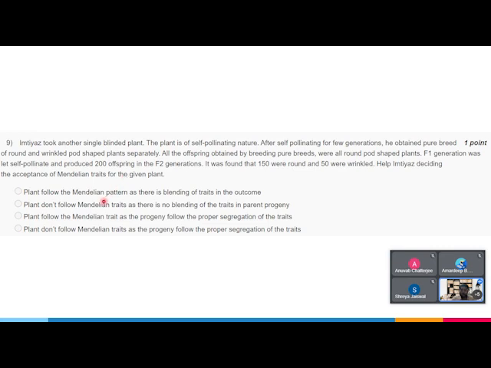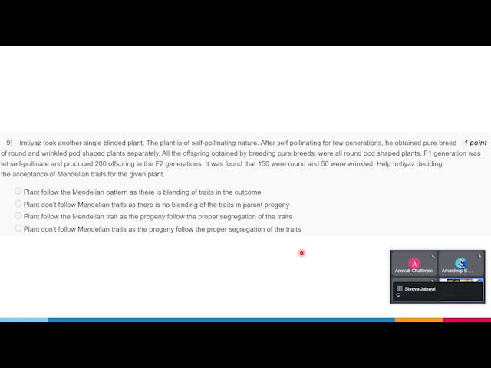So the options given here are: the plants follow the Mendelian pattern as there is no blending of traits in the outcome; plants do not follow Mendelian traits as there is no blending of traits in the parent's progeny; plants follow the Mendelian trait as the progeny follow the proper segregation of the traits; plants don't follow Mendelian traits as the progeny follow the proper segregation of traits.